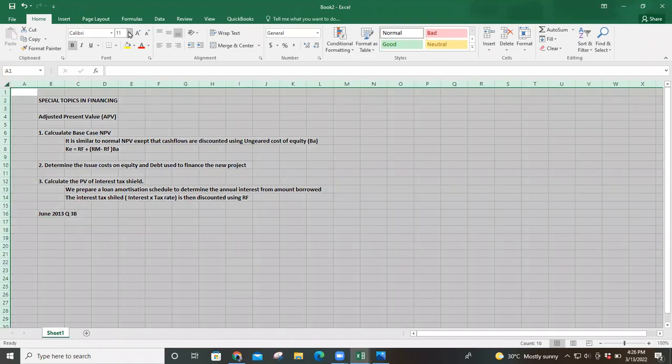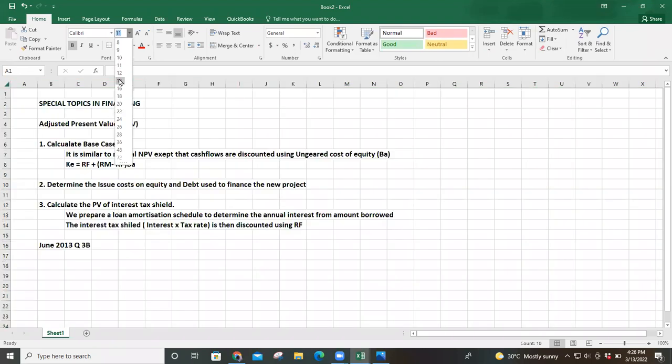So let us get KE, which equals RF plus RM minus RF, multiplied by the beta, BA.